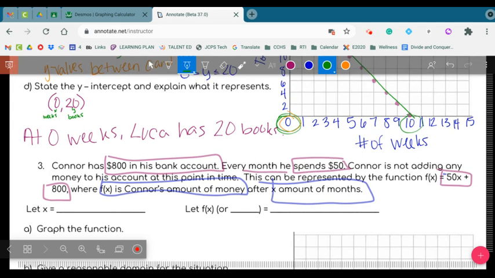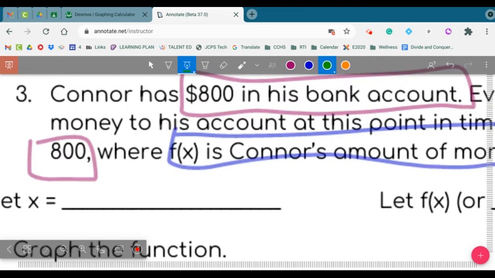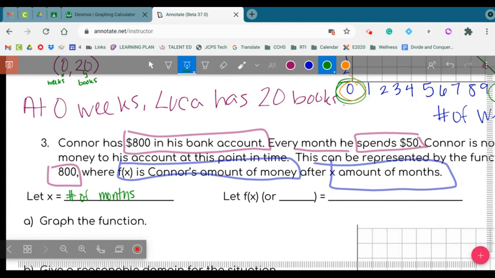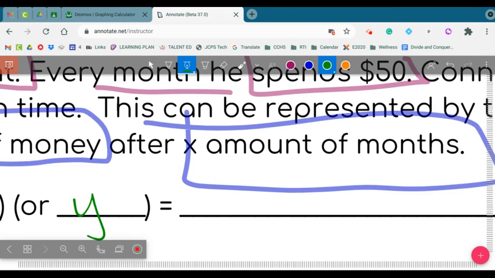So we're going to let x be the number of months, and then f of x, or y, is the amount in the account.